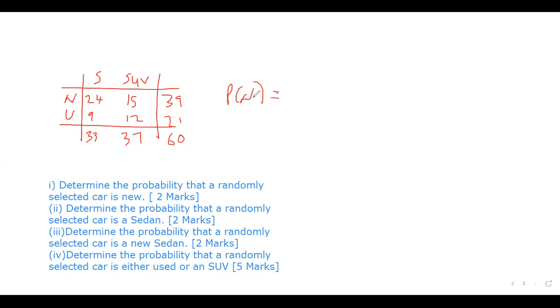New is 24 plus 15, which is 39 over 60. Good, which you can also put in decimal. This part is 2 marks.